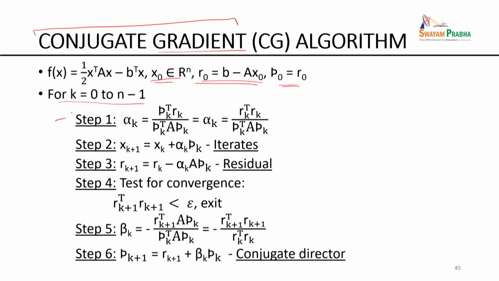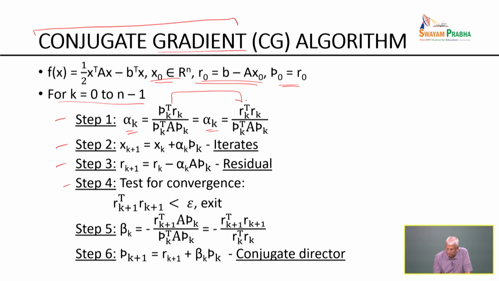Step 1 is the same as the previous case, step 2 is the same, step 3 is the same, step 4 is a test for convergence. So, in step 1 I compute alpha k. Please understand, alpha k can be computed by two distinct formulas. I want you to know there are books written on the conjugate gradient algorithm. I am not going to prove every little part of it.